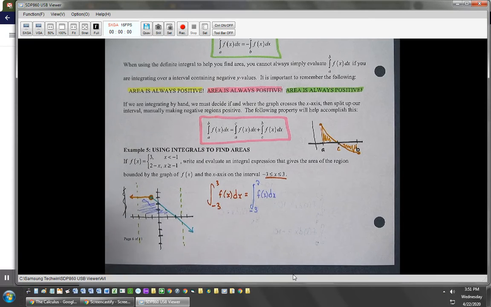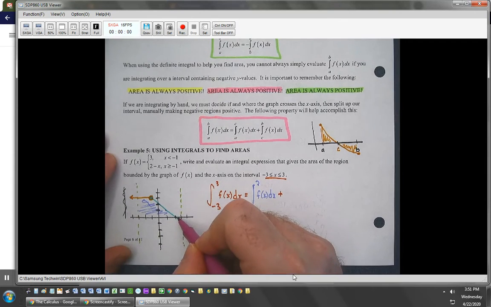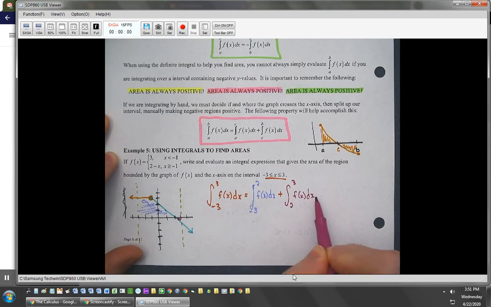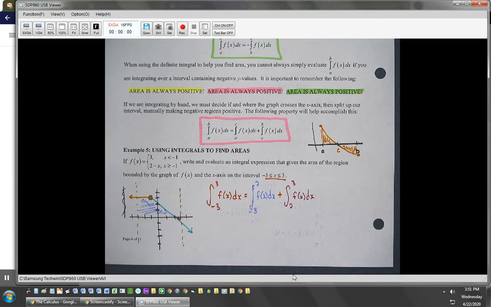Then I want to add on to that this little area here, which means the integral from 2 to 3. So we can do this. You could do this algebraically if you wanted to actually plug them in there, or we can just do this graphically. I think it's probably just as quick to do graphically.